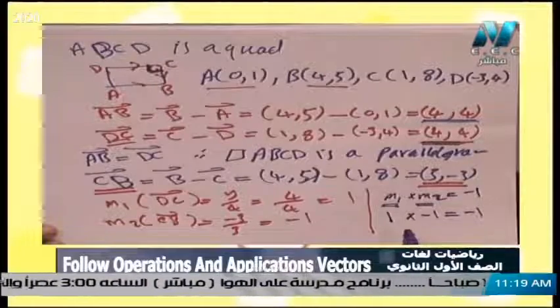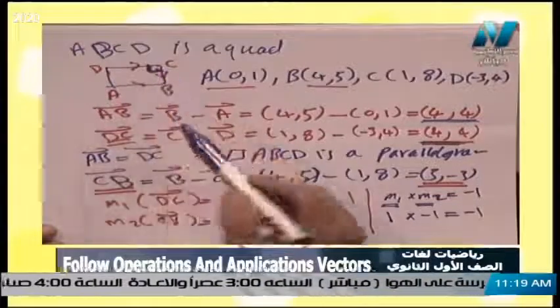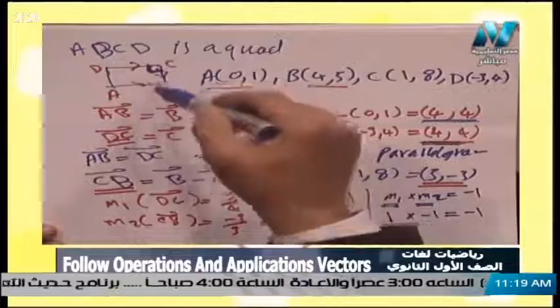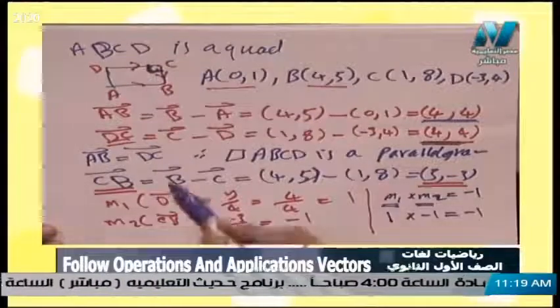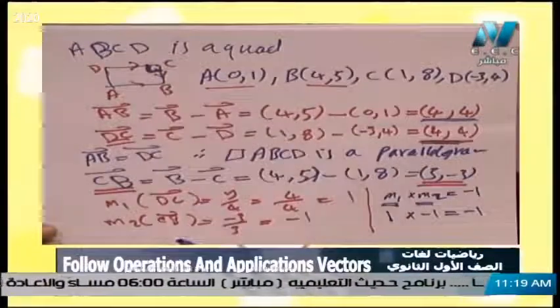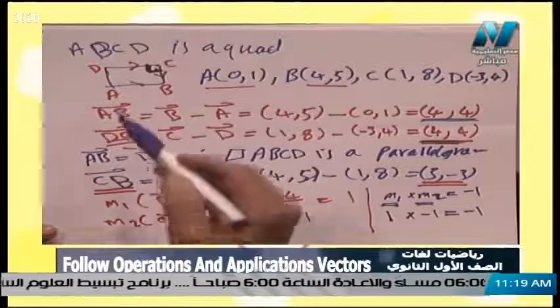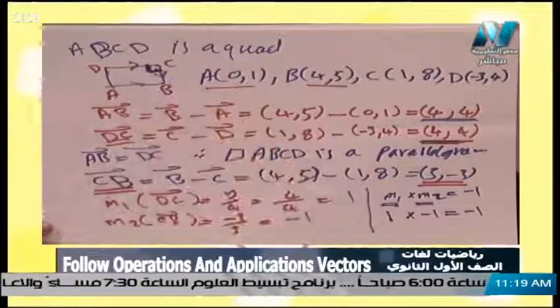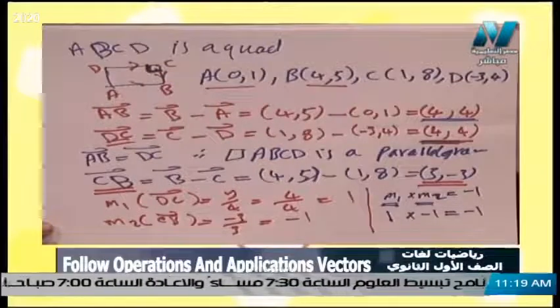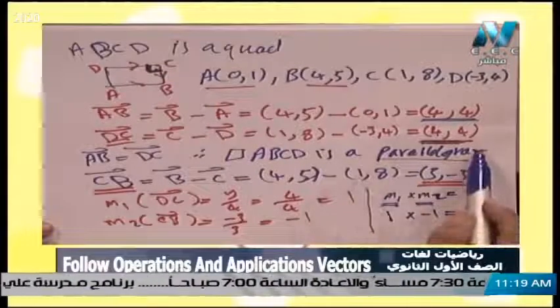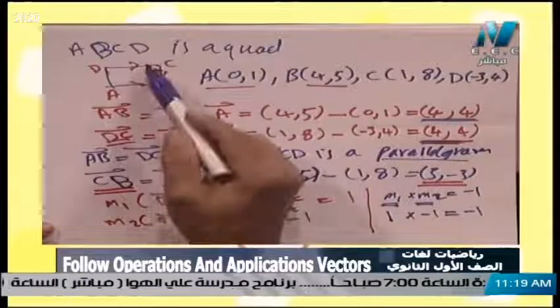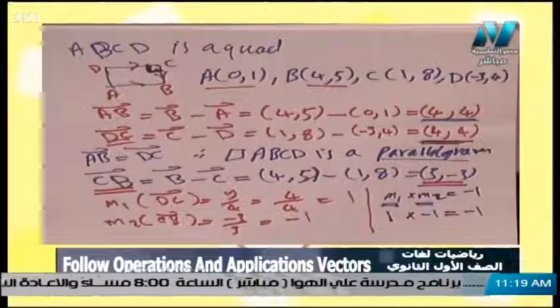So the vector DC is perpendicular to the vector CB, so this angle is a right angle. So the quad ABCD is a rectangle, because we have proved it is a parallelogram and it has a right angle.